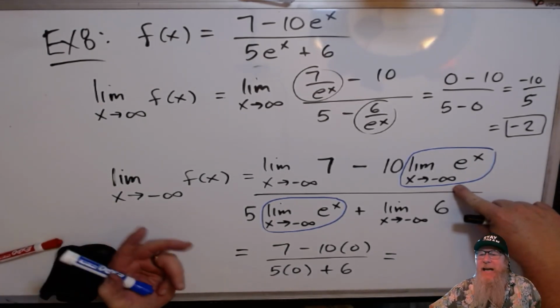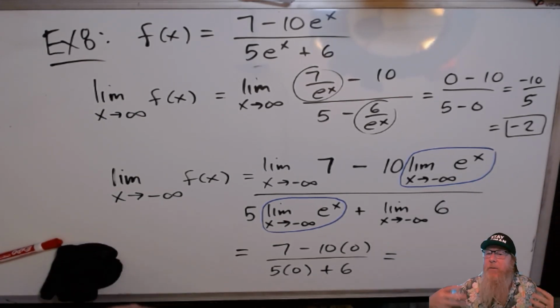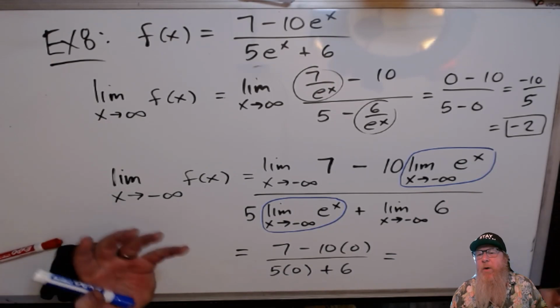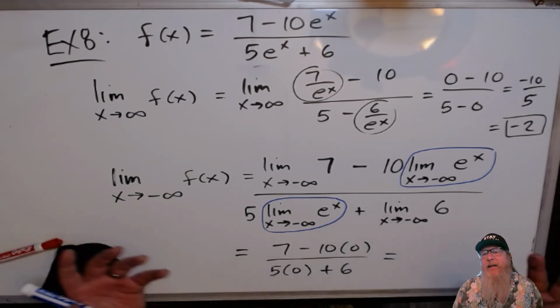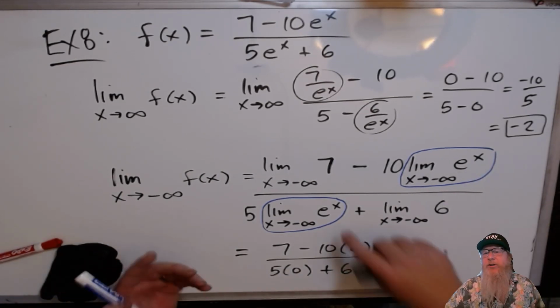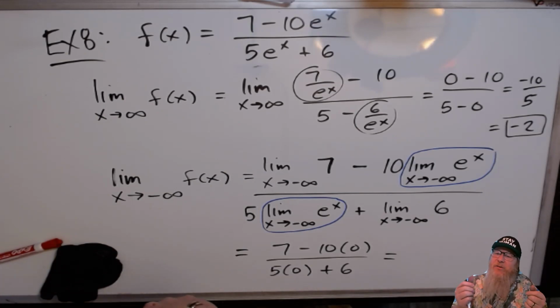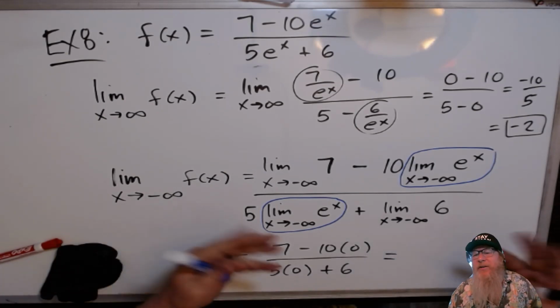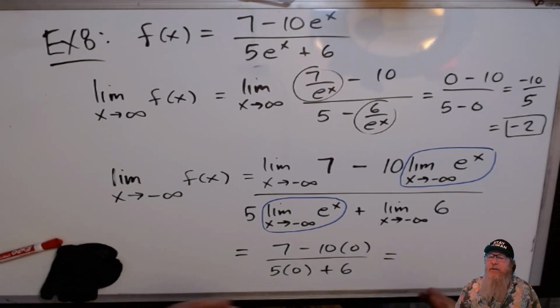So this is an example where keeping the x at negative infinity is to your benefit because you already know what that limit is. And again, you can use that for any of the limits that are exponentials in which you already know what it's going to be. Right? The only time I do that switch is if I'm not sure if it's going up or if it's going down or if it's going to 5 or to 0 or whatever it goes to.